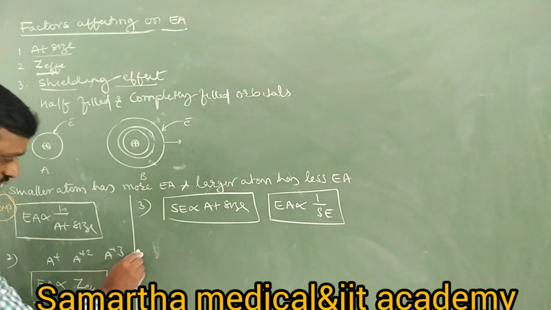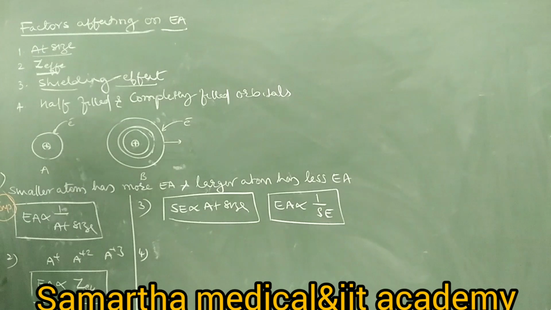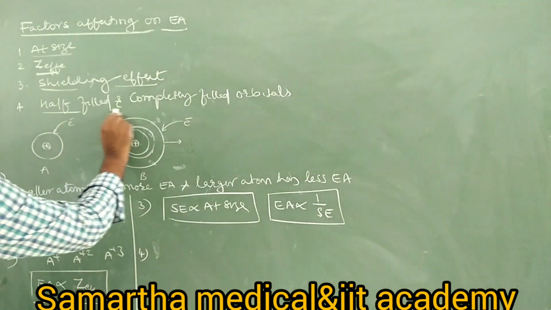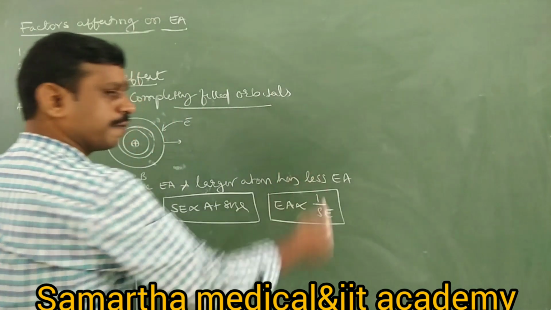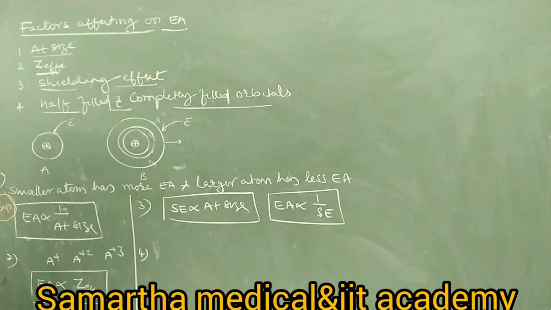Okay, next, fourth one is half filled and completely filled orbitals. We have studied that half filled and completely filled orbitals are most stable, no?